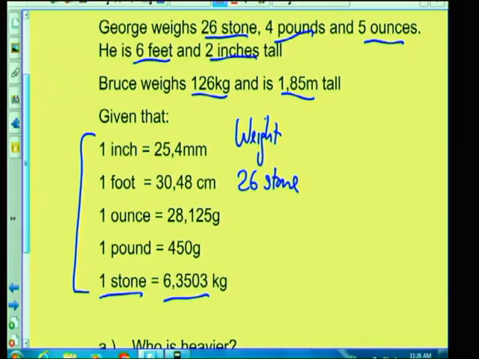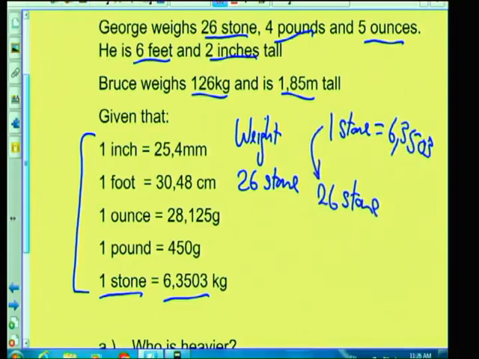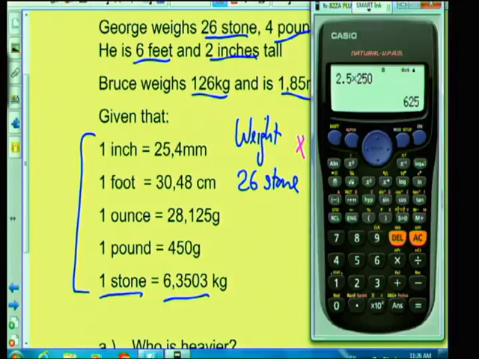I know 1 stone is 6,3503, and I want to know how many 26 is. So I'm going to multiply by 26, and let's do that on the calculator.